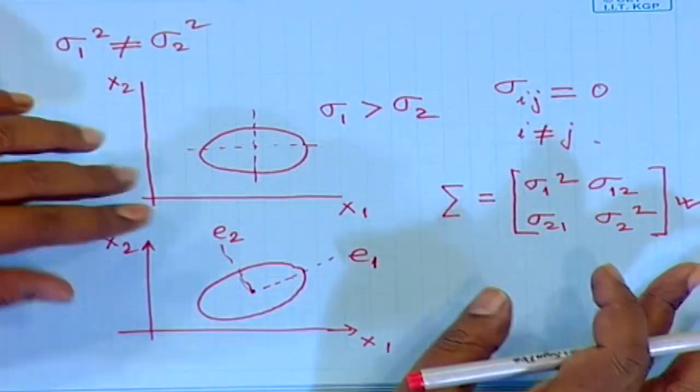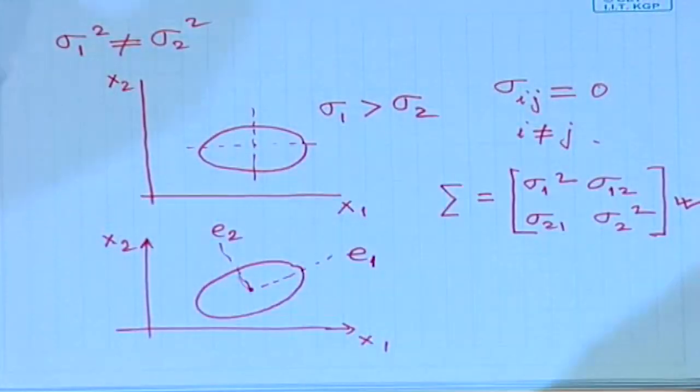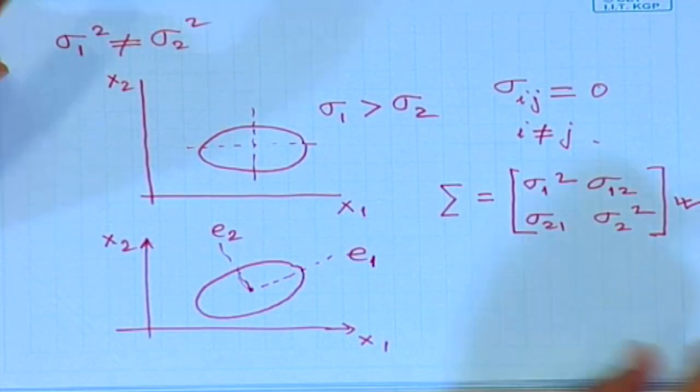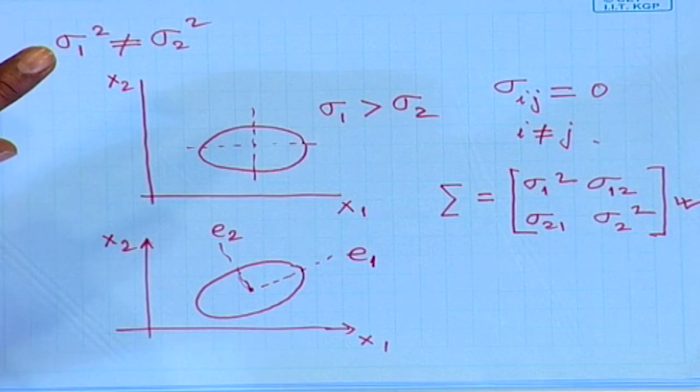Now, what happens in case of multivariate normal density? I have taken the example of bivariate normal density because up to 2 variables I can visualize. The moment you go from 2 variables to 3 variables, I will have 3 axes, one corresponding to x1, one to x2, one to x3, and I have to have a fourth axis which corresponds to p(x), the probability density function.